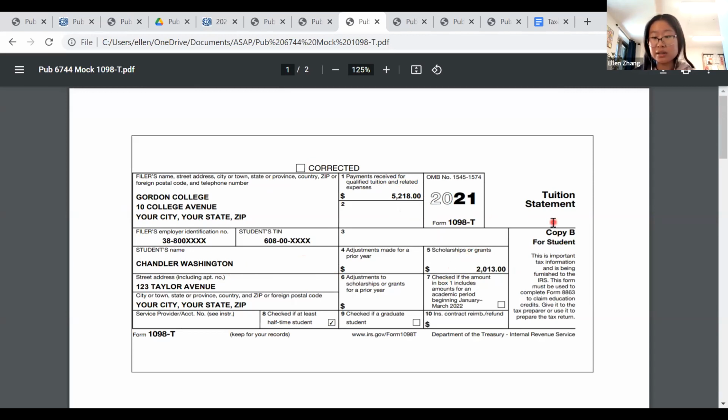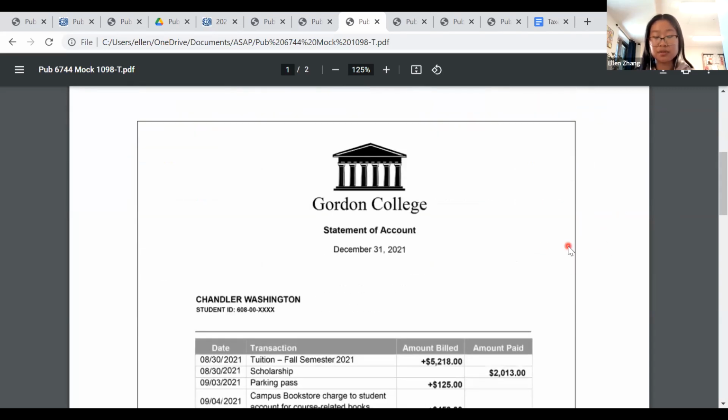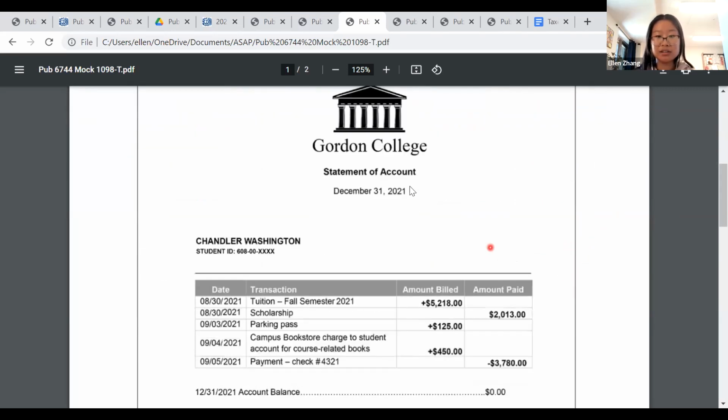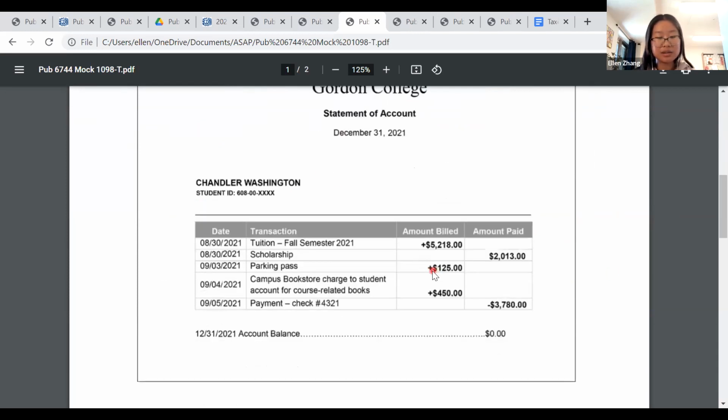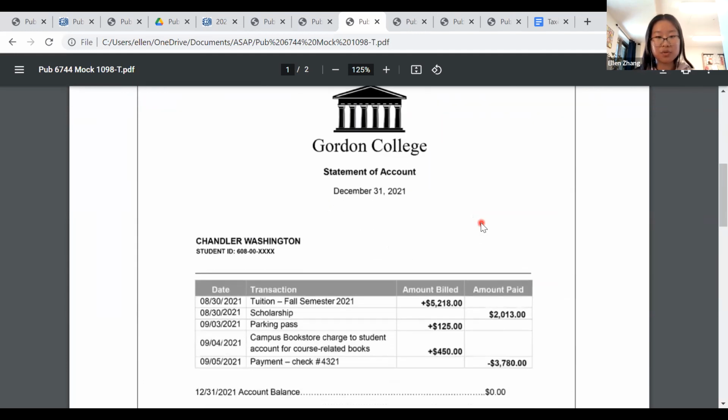Now I can scroll down a little bit more on this page and we'll see that there's another form of accounting here from the college itself, just called a statement of account. It is basically the same as a 1098T, but a little less formal. It's not an actual form, but from this you can still see the same amount of tuition paid, the scholarship, but you'll also see additional expenses here, such as a parking pass and the campus bookstore charge for course-related books.